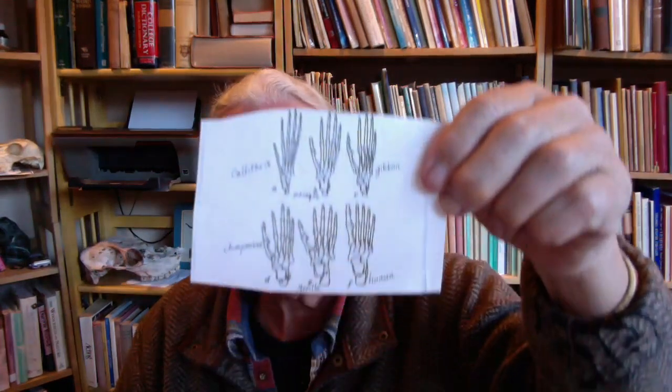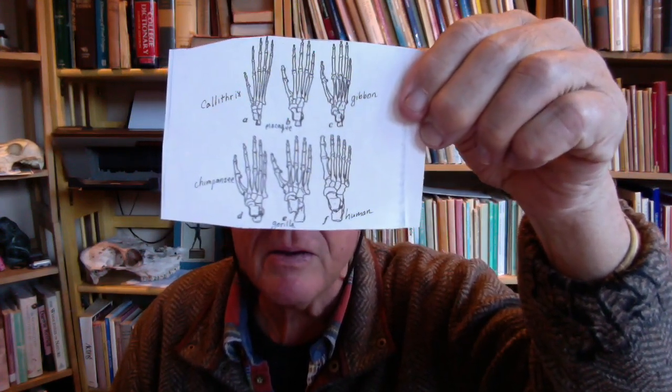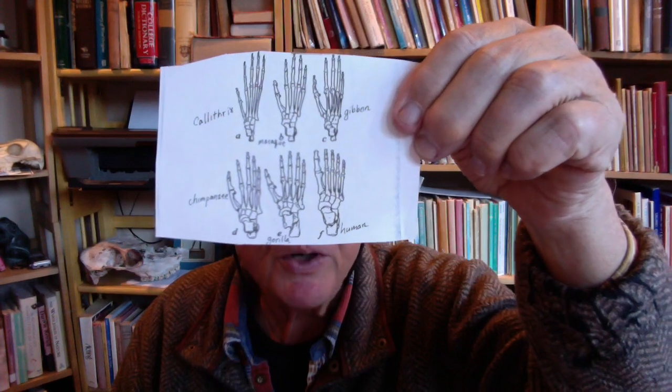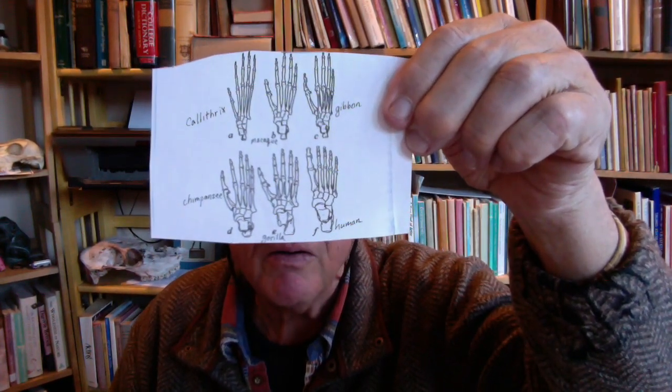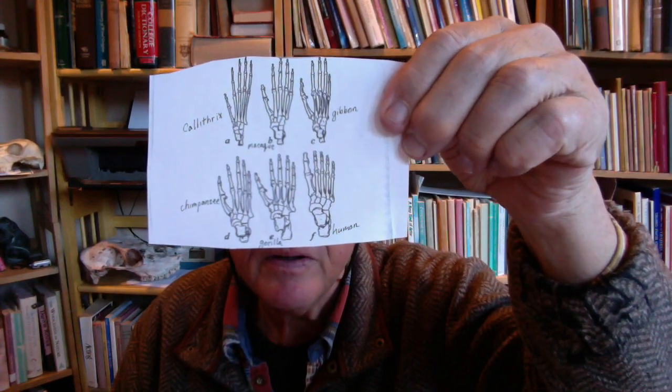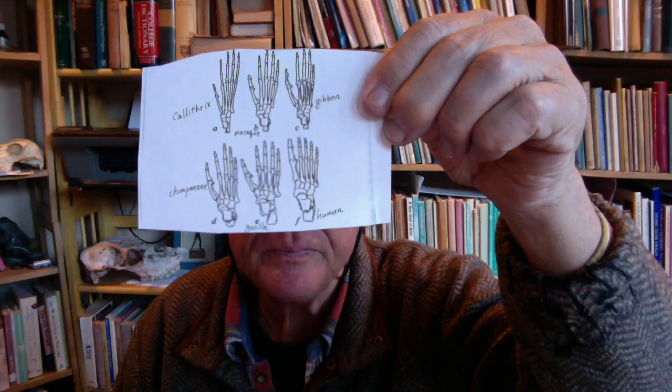In the last picture, we see the feet of 5 monkeys and the human. What is important for us here is to notice the proportion of the toes to the big toe in the first 5 compared to the human proportions.